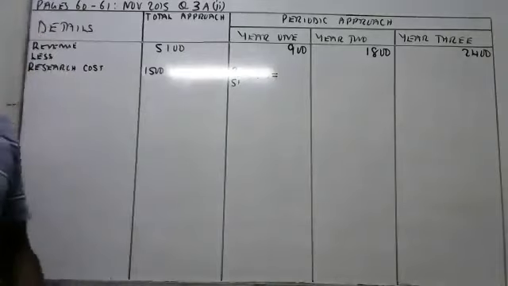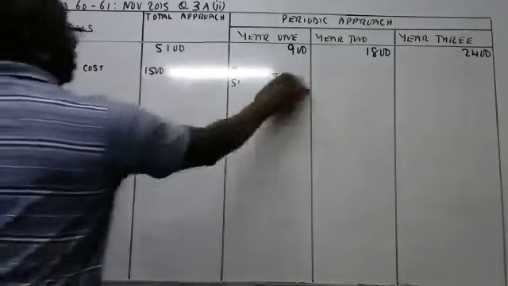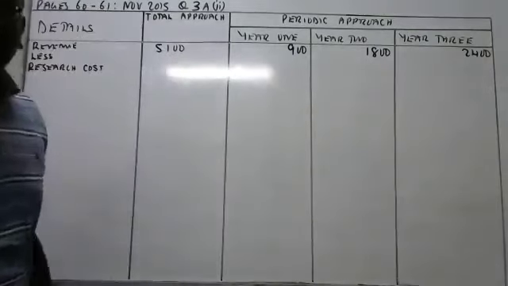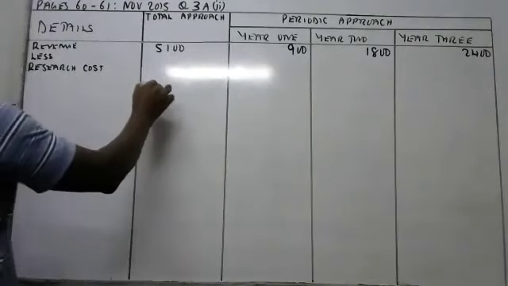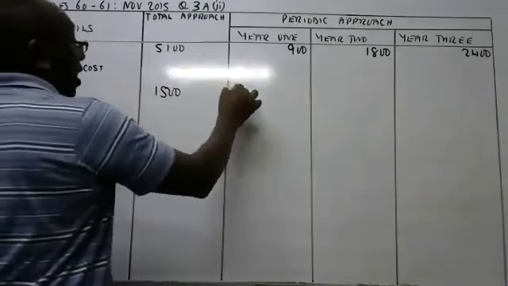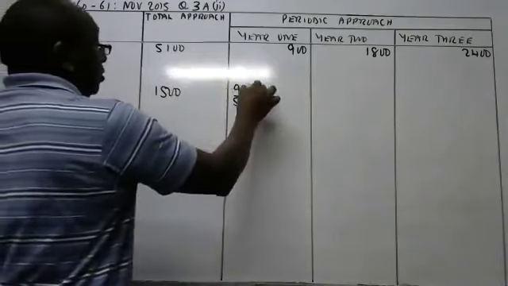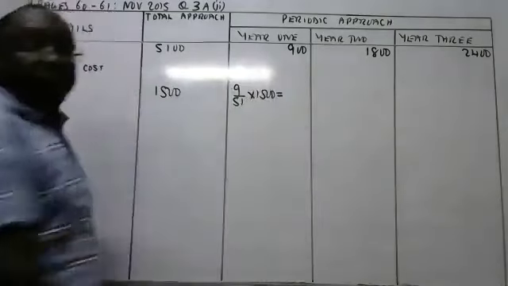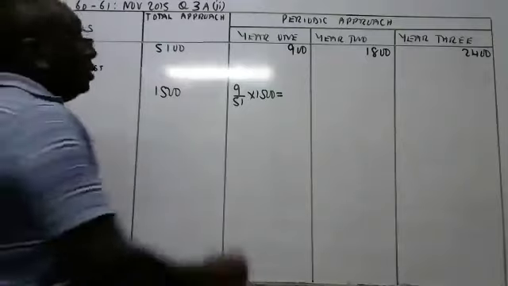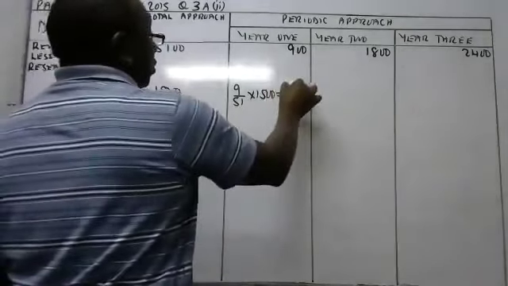9 out of 51, times 1500. Round up or down without decimals: 265.